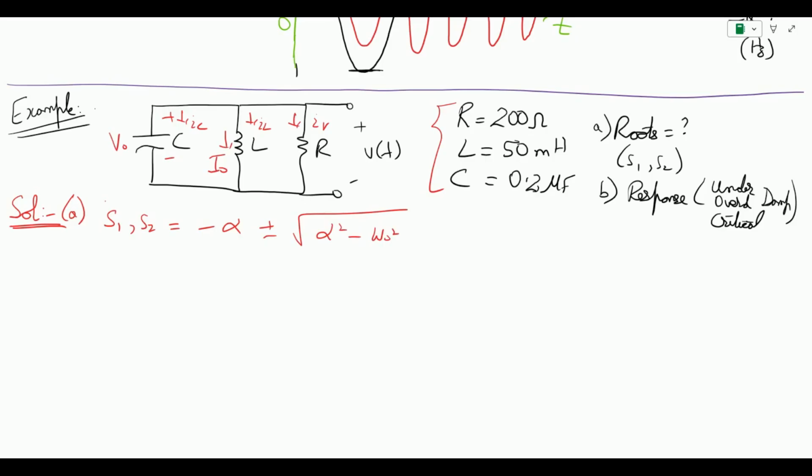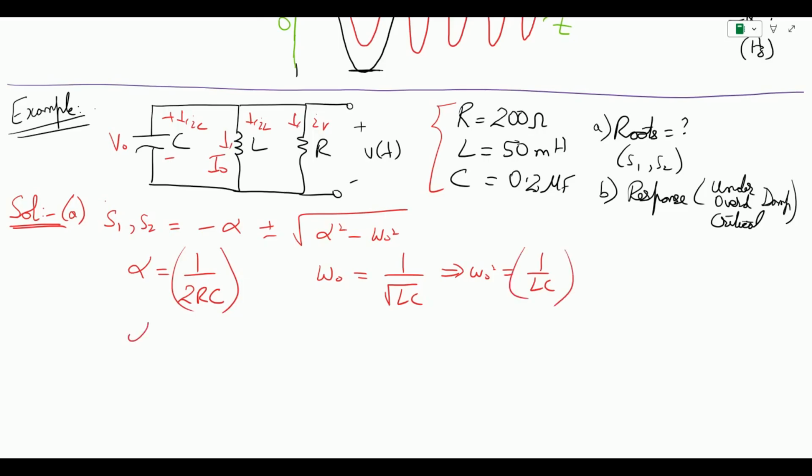In order to find S1 and S2, we need to find alpha, which is 1 divided by 2RC, and omega naught, which is 1 divided by the square root of LC. From here omega naught square is 1 by LC. Once we input the values of R, L, and C, we easily get alpha equal to 1 divided by 2 into 200 into 0.2 micro, which comes out to be 1.25 times 10 raised to power 4 radians per second.